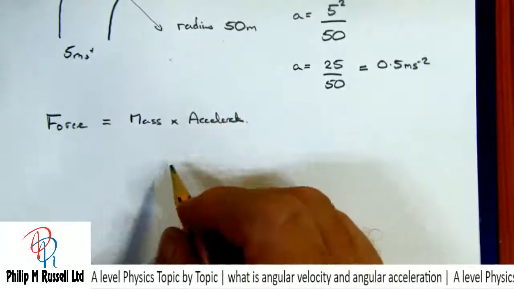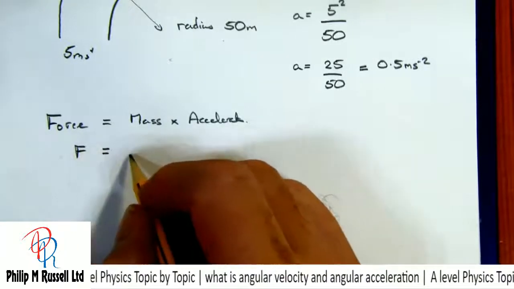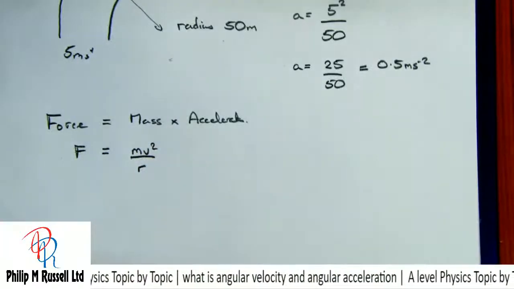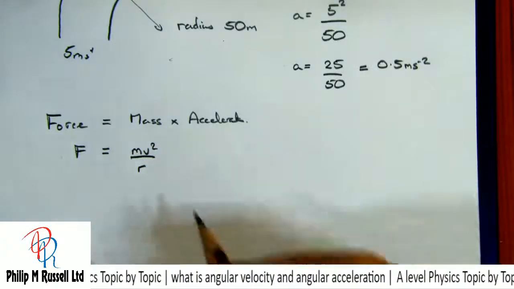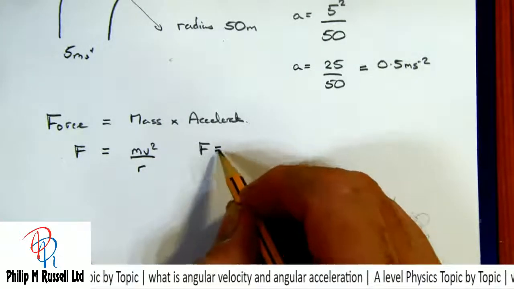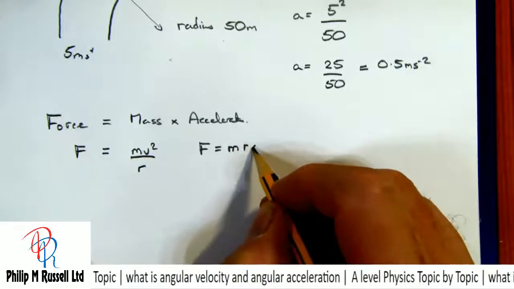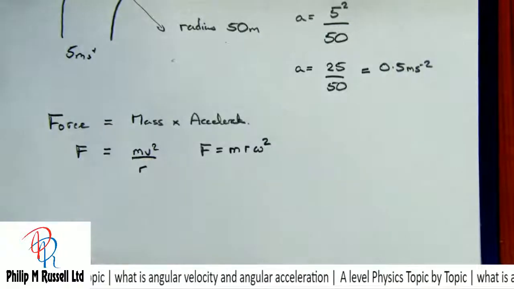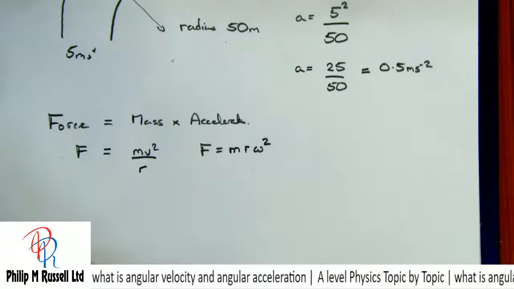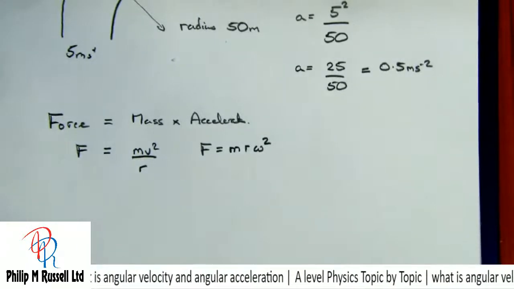So we can work out then that my force now equals mv squared over r, and we can say that also the force equals m r omega squared. So we can work out quite a few things using this.